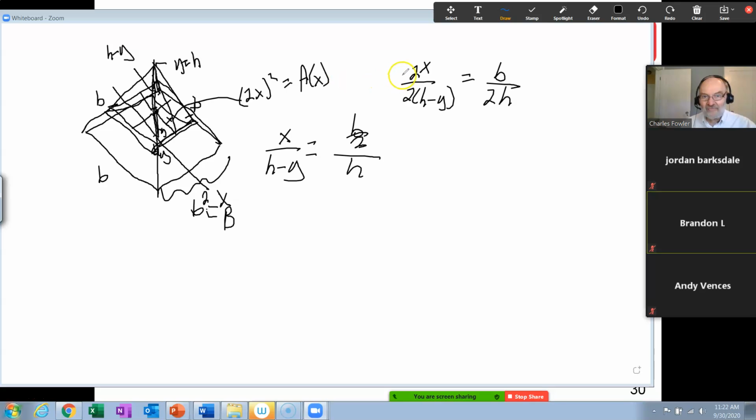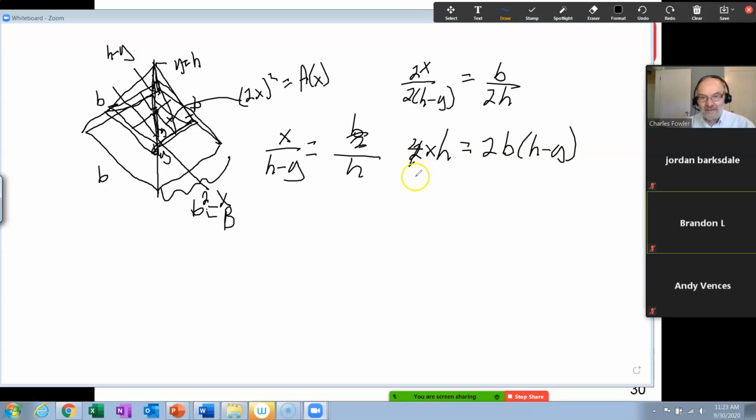And we're wanting to solve this for x. So what we have here is 4xh, when you multiply those two together, is equal to 2b times h minus y.